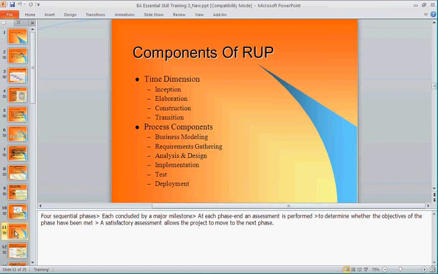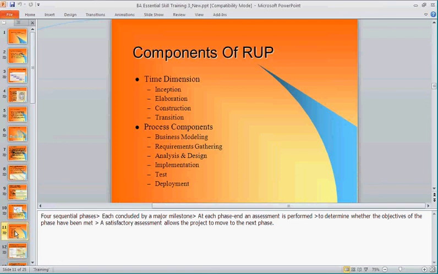There are some models that you build in inception. There are some models that you build in elaboration phase, right? There are some models that you build in the design phase. So you have a business modeling process that happens throughout each of your phases, correct? Yes, no, maybe.